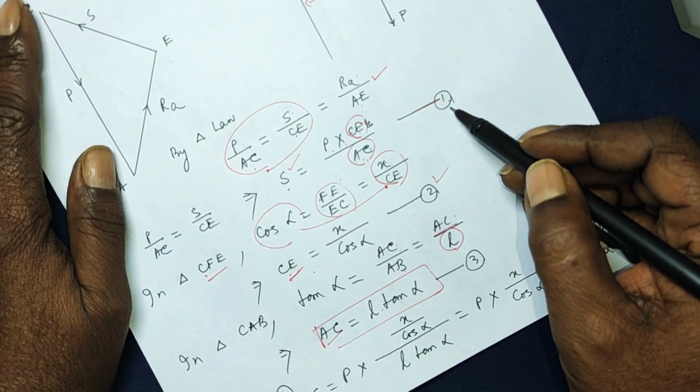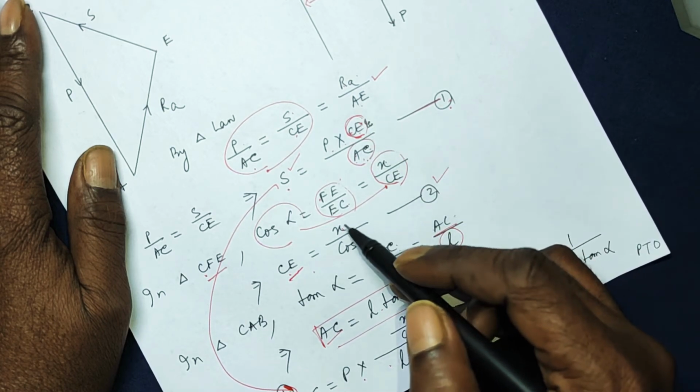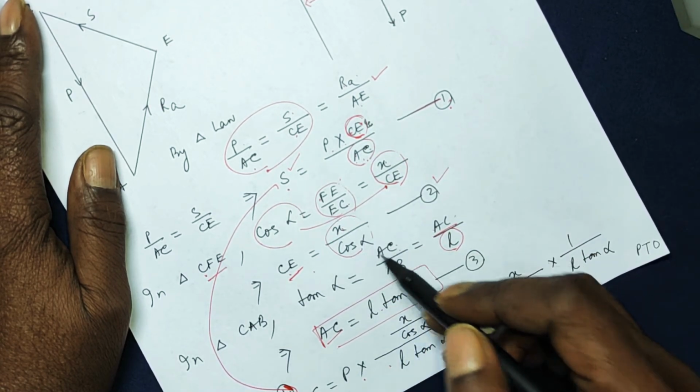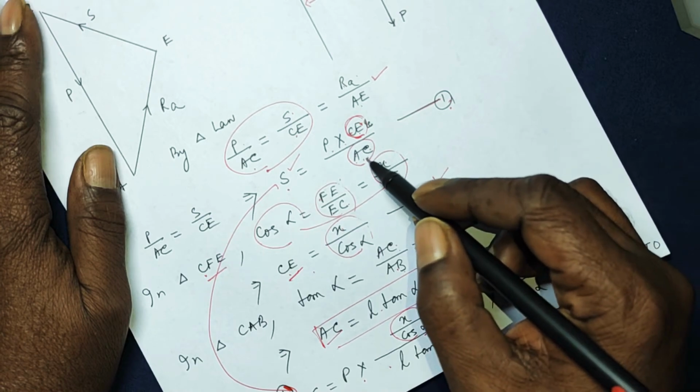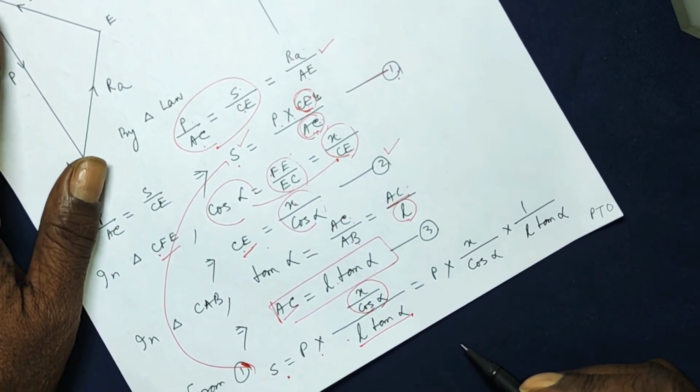Now from equation 1, S is equal to P times, for CE I put x over cos alpha, and for AC I put L tan alpha. So just simplify it.